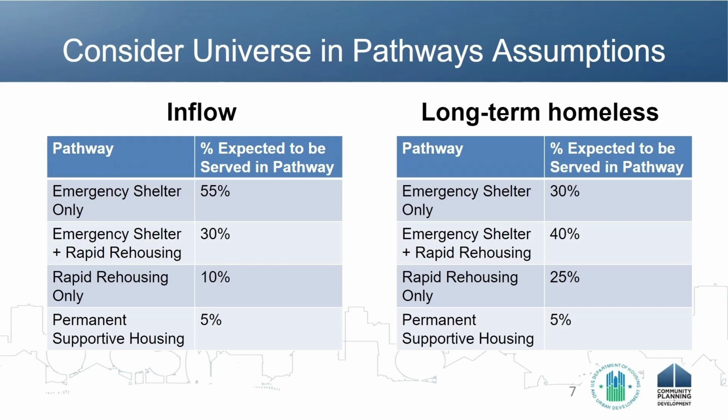But the percent of households expected to go through each pathway is different based on which universe we are looking at. So perhaps for inflow, we expect 55% of households to go through the emergency shelter only pathway. But for long-term homeless, we expect 30% of households to go through the emergency shelter only pathway. These differences between the universes are important to determine what pathways should be available in the ideal system.